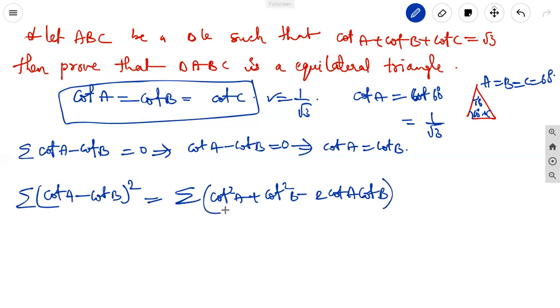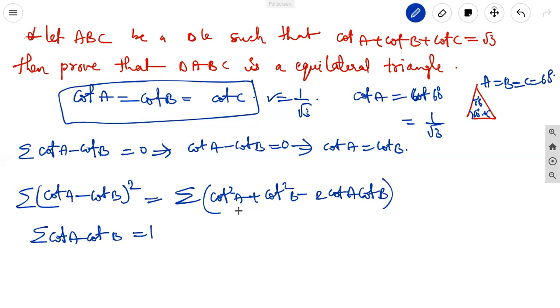If you know any relation of cot from previous problems, we know that the summation of cot A cot B is equal to 1. If we use that in this relation, do we get a 0 value or not? That is the thing.